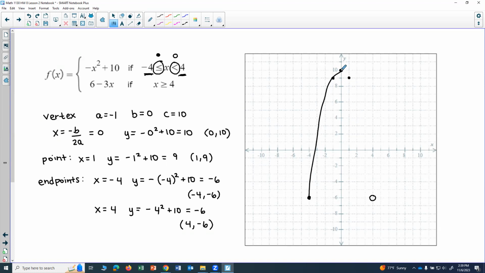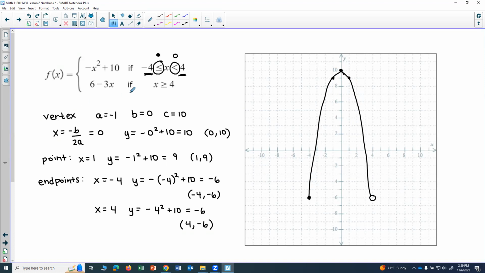And we're just doing our best to make it end up at that endpoint. Okay, so there's my parabola part.